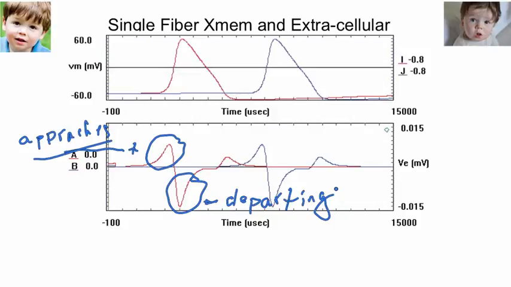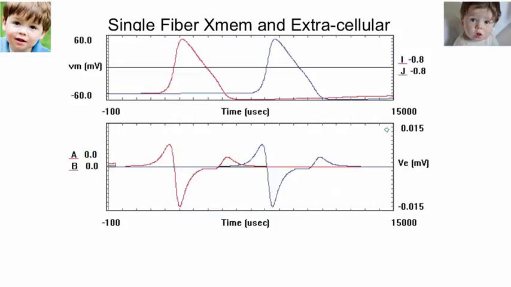There's another item of nomenclature that's also important. This portion of the extracellular waveform, where it goes from the positive to the negative, is called the intrinsic deflection.